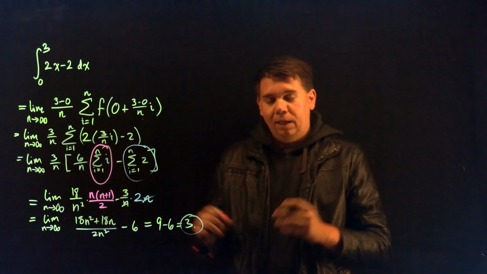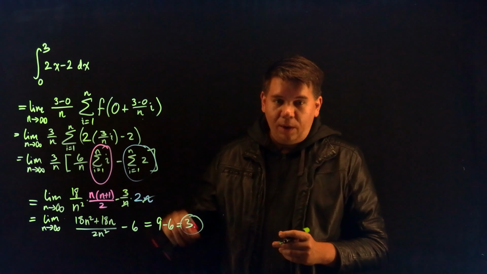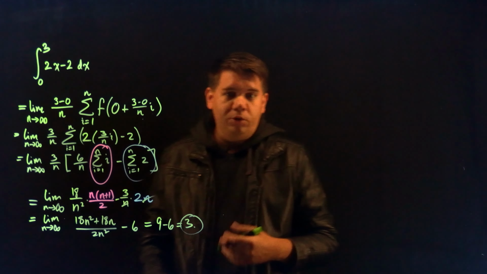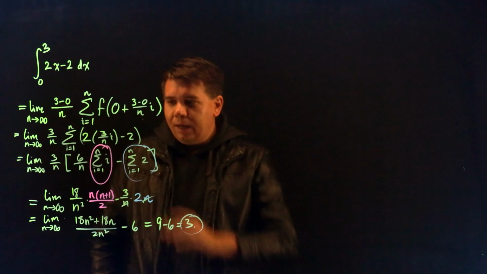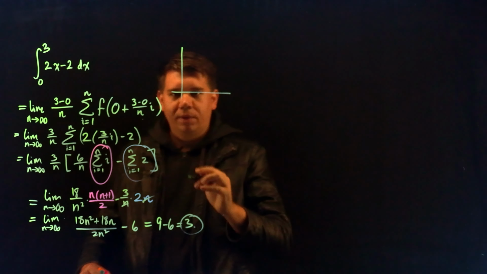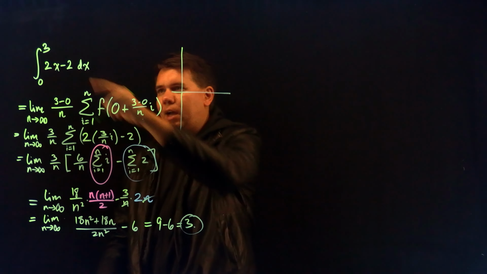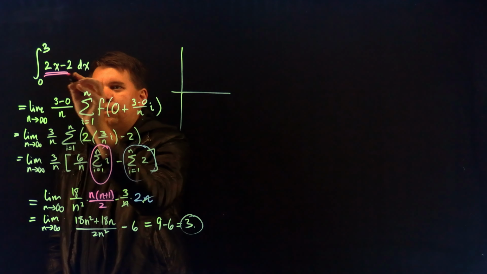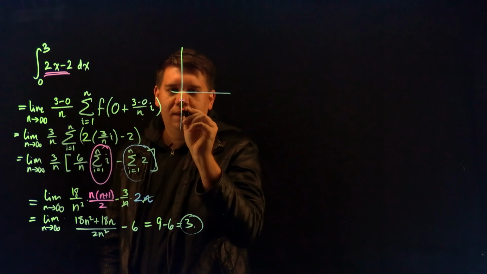But it turns out in this problem, there was an easier way. We didn't have to do all the work we just did. So here's an alternative way we could have seen this. Instead of doing this Riemann sum, we could begin by just looking at a picture. And so let's think about what this graph of 2x minus 2 looks like. Well, it's 2x minus 2, so it begins here at negative 2.